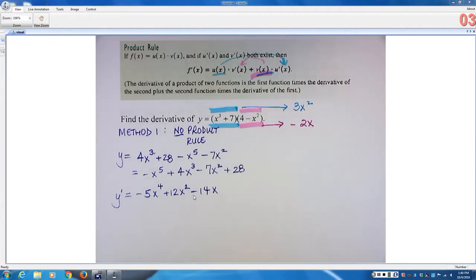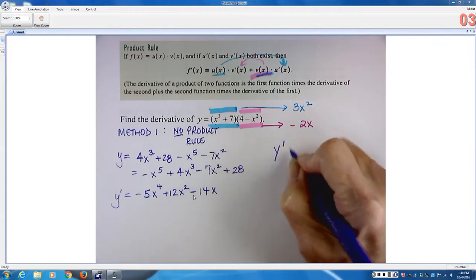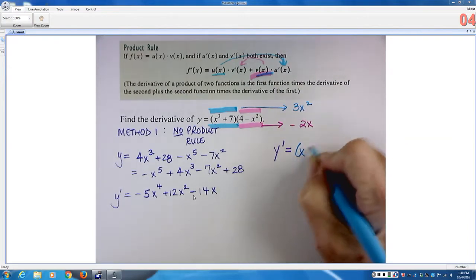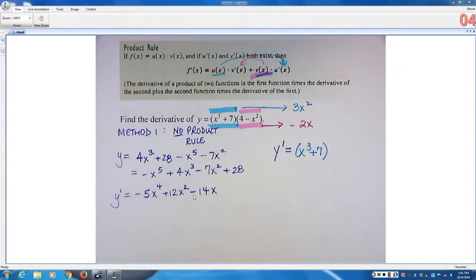Okay? And then what the product rule says that we do is we take the first part of the product, which is x cubed plus 7, and we multiply it by the derivative of the other part of the product.